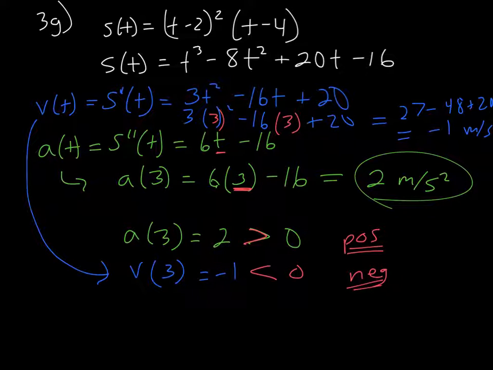As soon as I figure that out, you don't even actually have to figure out the values. If it was a really large calculation but I could easily tell it was positive or negative, the question's not asking you to find the velocity. But this one was pretty close, so I had to actually do the math. As soon as I get different signs, positive for acceleration and negative for velocity, then I know the particle is slowing down.